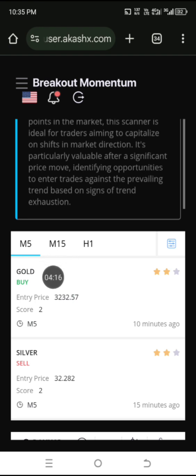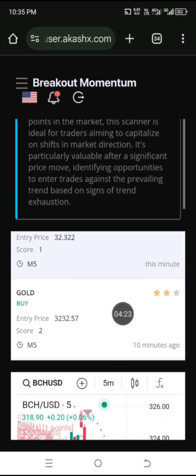The scanner is asking you to go and buy gold. Yes, so that is one. Under the buy, we see it has indicated the entry price. That is the price at which you should execute your trades.